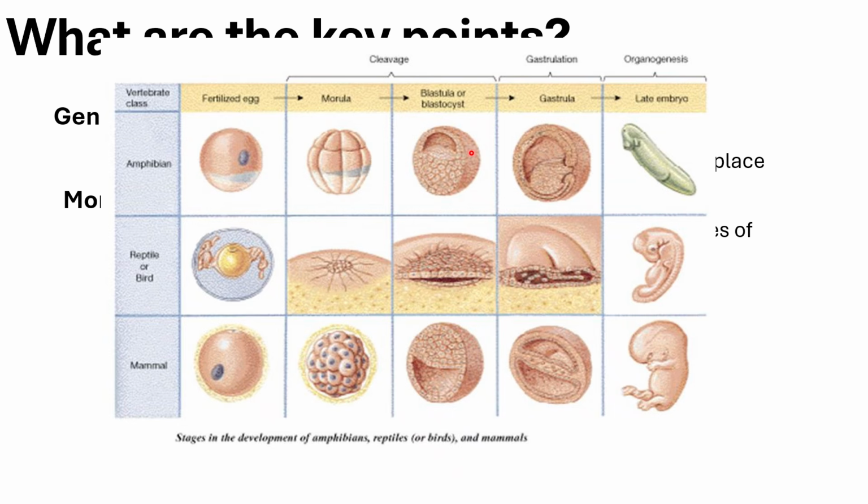So during these stages of the morula, blastula, and gastrula, the network of genes that are calling the shots and telling the cells which way to go and how to differentiate is almost the same among the different species.